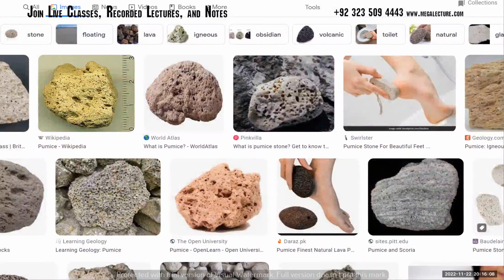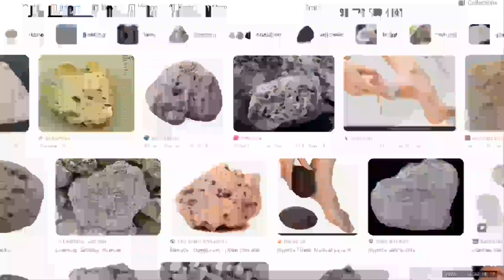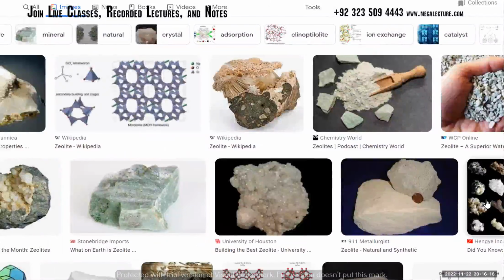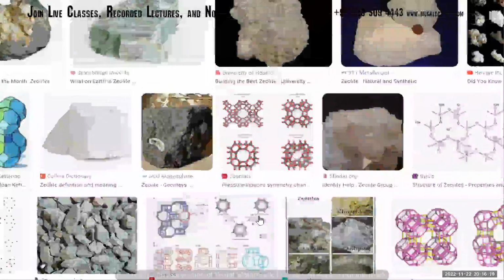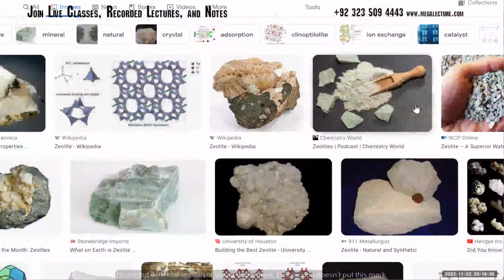Plus there's another version, another type of rock which is zeolite, okay? That is also used because it also has a very high quantity of Al2O3 and SiO2 in it.